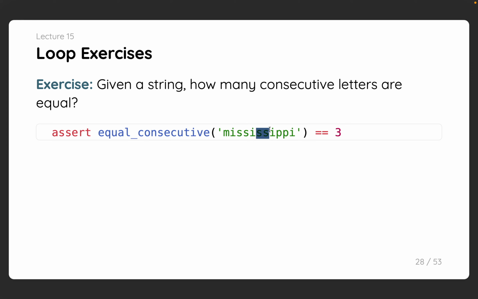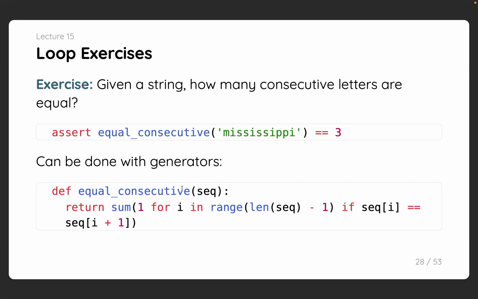So again, this is 3 because there are 3 pairs of consecutive letters over here. So if we want to implement this, we can actually also implement that using generators. So how can we implement this using generators? So it looks something like this.